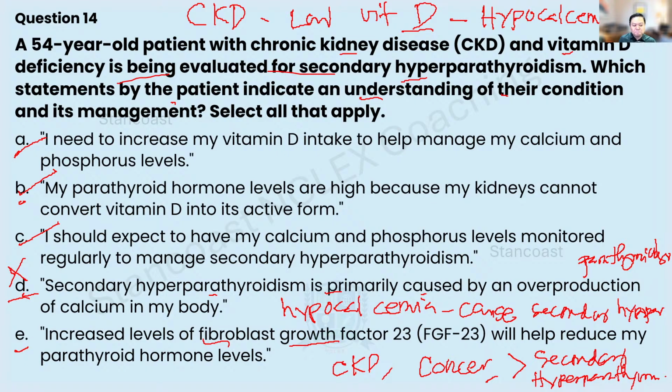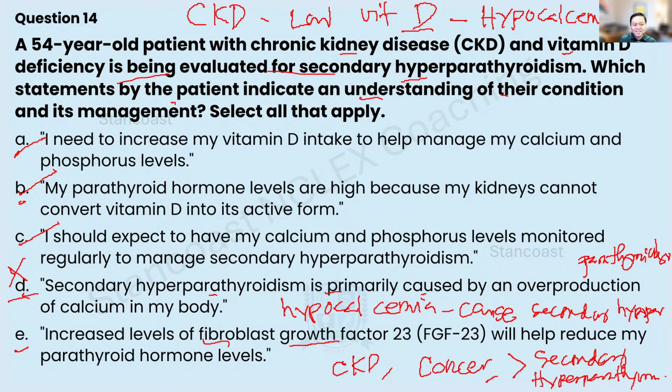Again, the increased FGF23 is incorrect because this will only reduce the parathyroid hormone levels temporarily. But when the CKD is progressing, there will be much more of resistance to this growth factor. So it's no longer going to be effective for this patient.